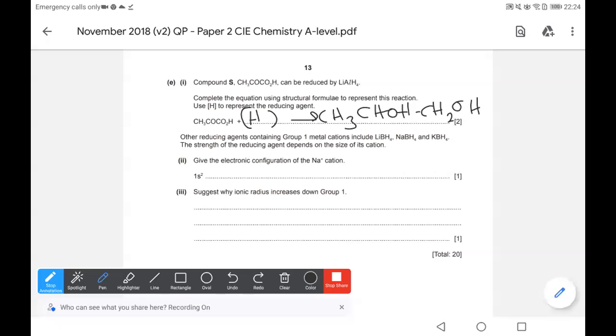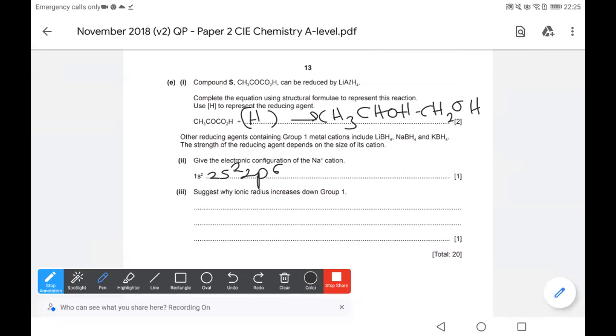Other reducing agents containing group 1 metal cations include lithium borohydride, sodium borohydride, potassium borohydride. The strength of the reduction depends on the size of its cation. Give the electron configuration for the sodium cation. When sodium gives out an electron, it becomes like neon, so it's neon's electronic configuration.